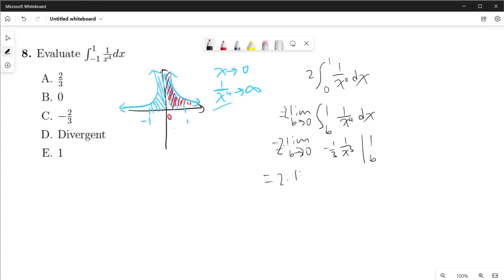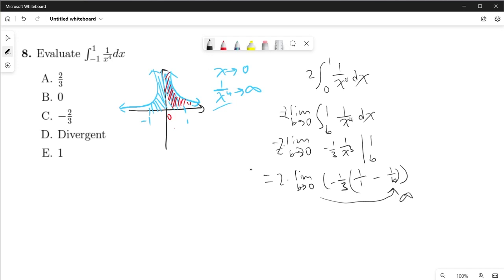So here, just plug it in. -1/3 (1/1 minus 1/b). Right, and then you take the limit, you realize that here is infinity. Right, 1/0 would be infinity as you approach.